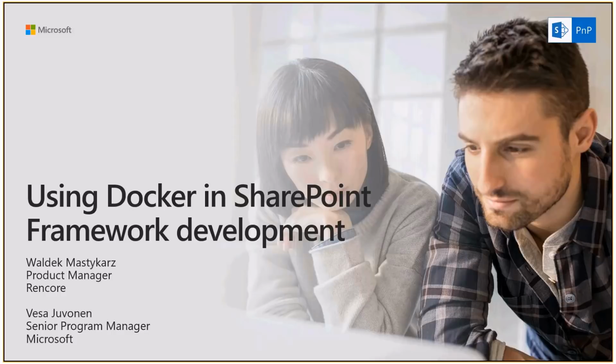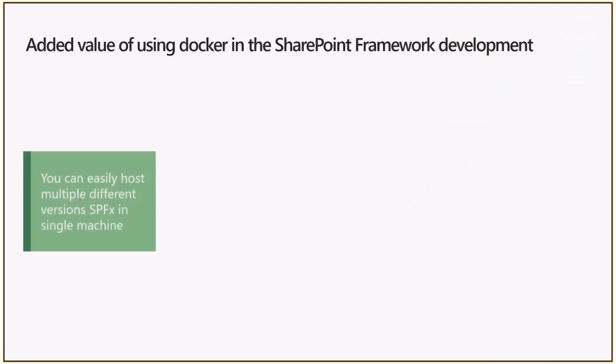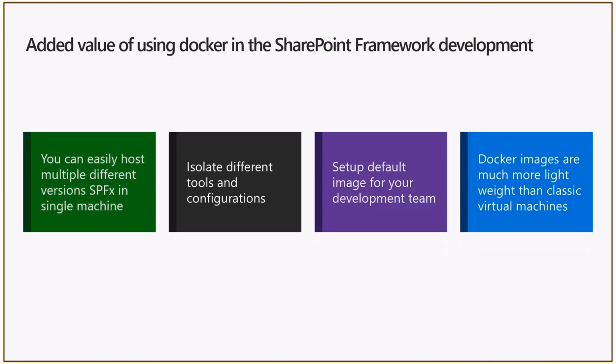But let's have a quick look at the added value of using Docker in SharePoint Framework development. So what does it actually mean? Well, it means that you can easily isolate, or host, multiple different versions of SharePoint Framework on a single machine. So you can run, for example, SharePoint Framework 1.0 for one project, and 1.1, 1.3 or 1.4 for other projects.